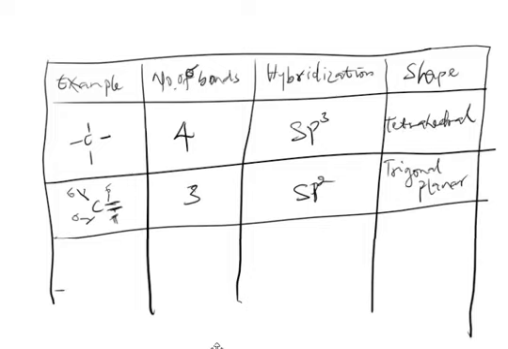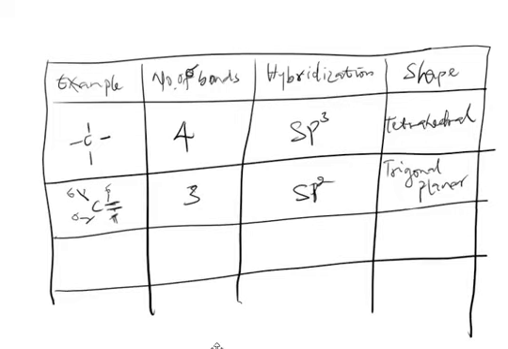Alright. Lastly, I have either of these or these. So notice that I have a sigma bond here, I have a sigma bond here, that's 2, whereas this is pi and this is also pi.